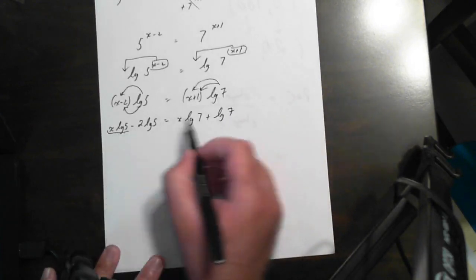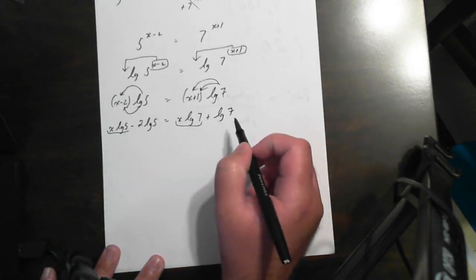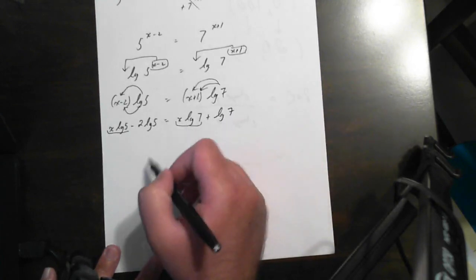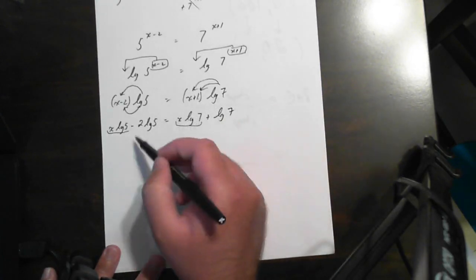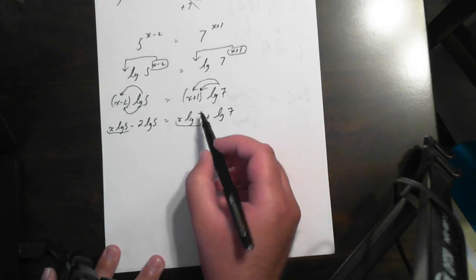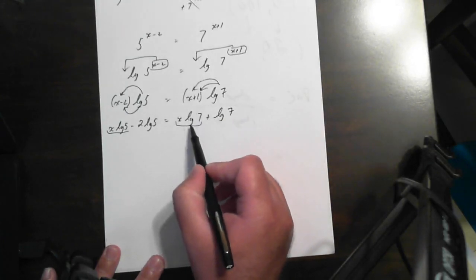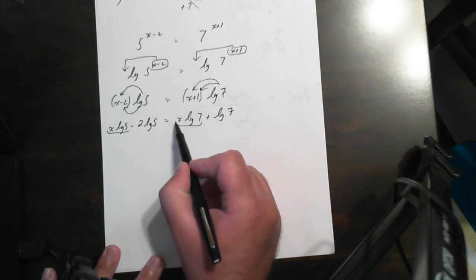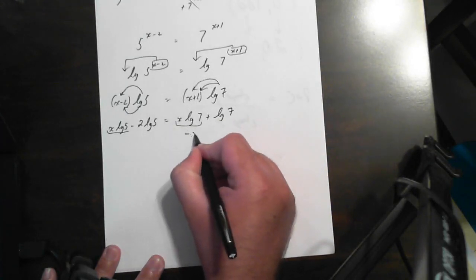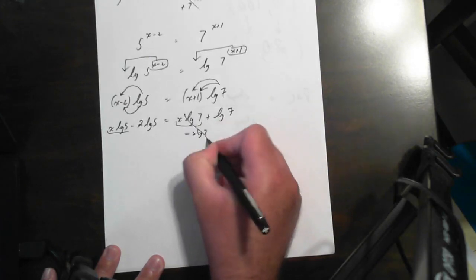What I'm going to do is take these x terms and put them on the same side of the equal sign. I can put them both on the left side or the right side, it doesn't matter. For now I'll put them on the left side. So I'll have to take this piece and push it to the other side. Right now it's a positive x log 7, so to get rid of that, I would subtract x log 7.